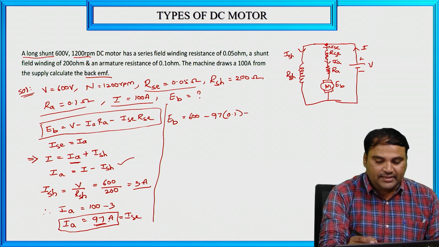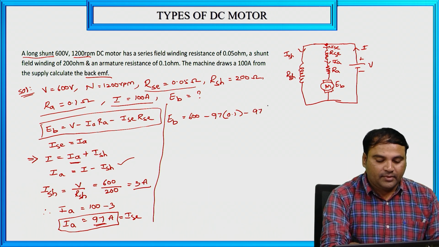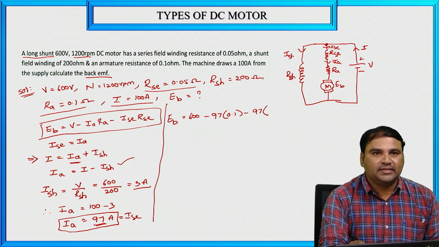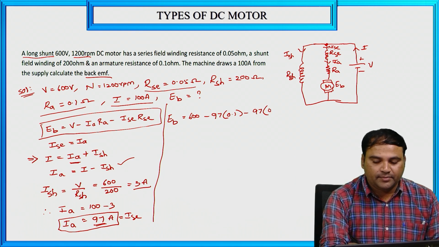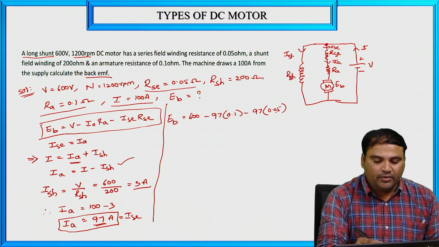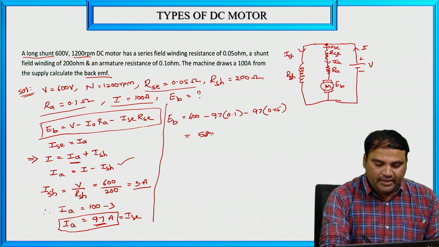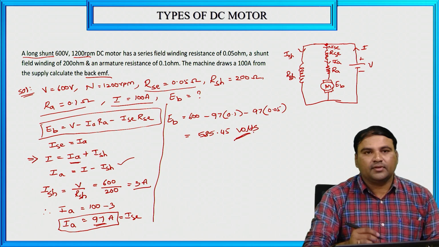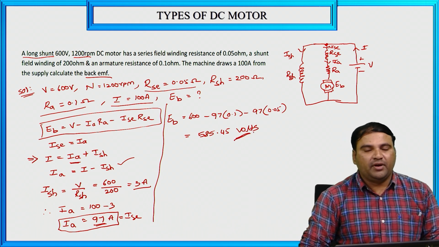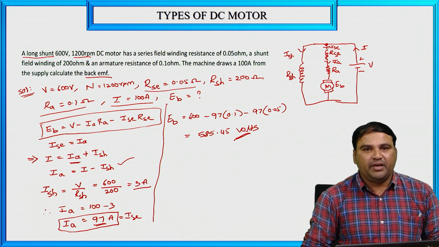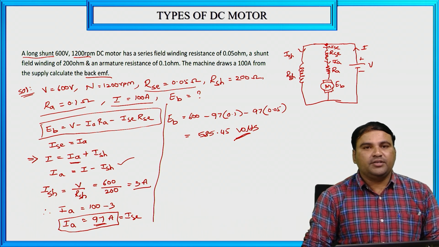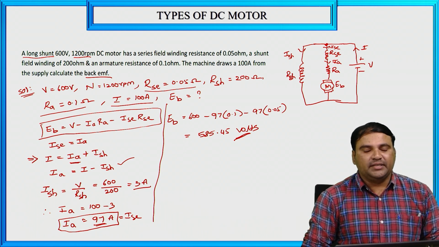Again 97, into RSC, what is the RSC value here? 0.05. Now by solving this equation we'll get 585.45 volts. Here is the back EMF, that is 585.45 volts, of the long shunt compound wound DC motor.